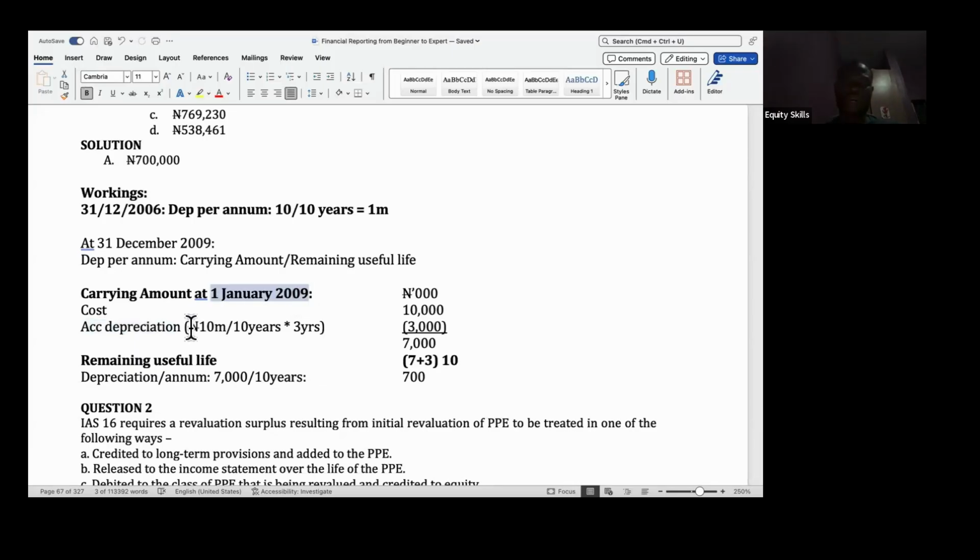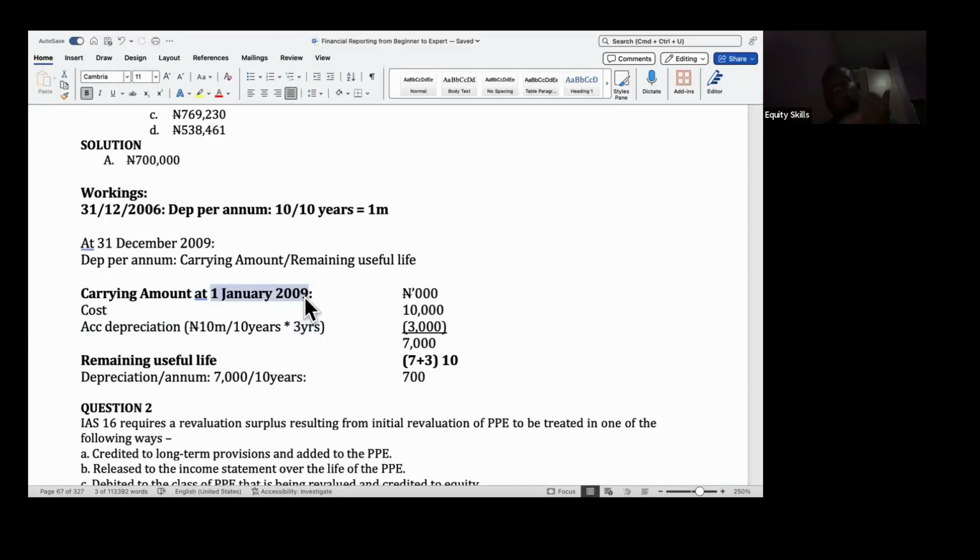And how do I do that? I will do my 10 million, which is the cost of the assets, divided by 10 years, multiplied by 3 years. And this 3 years means that since we bought the asset on 1st of January 2006, and I want to calculate my depreciation up to 1st of January 2009.